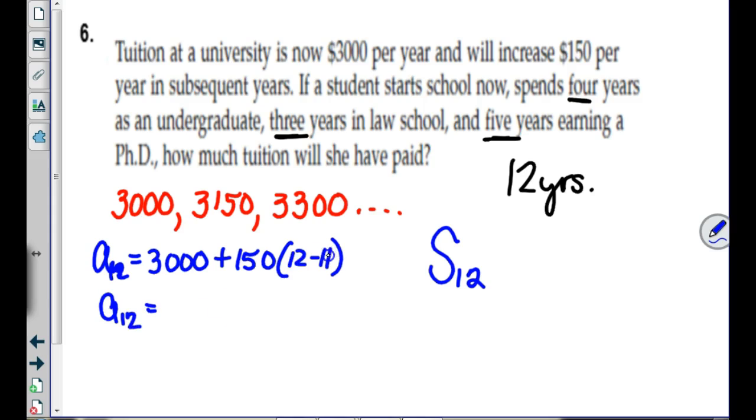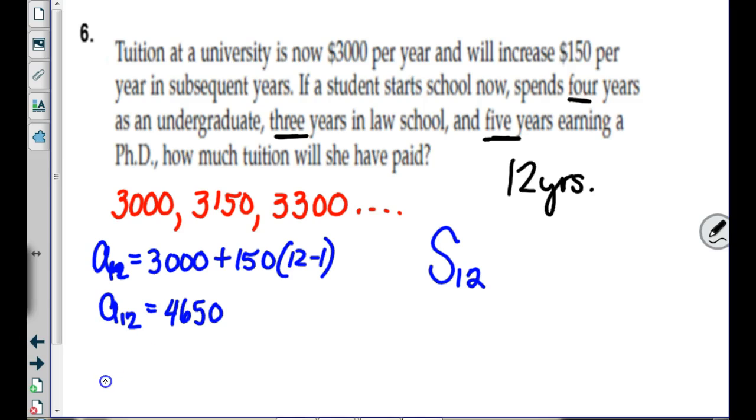Oh, this is supposed to be 12 minus 1, yeah. 4650? Well, that's a more reasonable amount for a year, right? So maybe this is this year, and we'll go backwards on tuition. Oh, it's only 4650? Yeah. Okay, still. Yeah, I just can't hear or write.